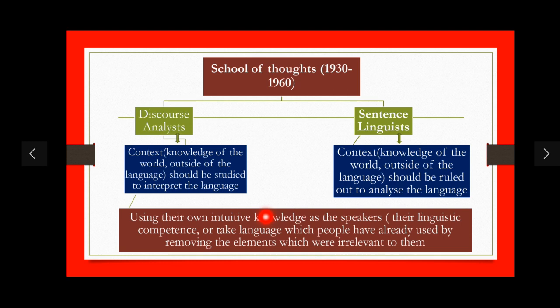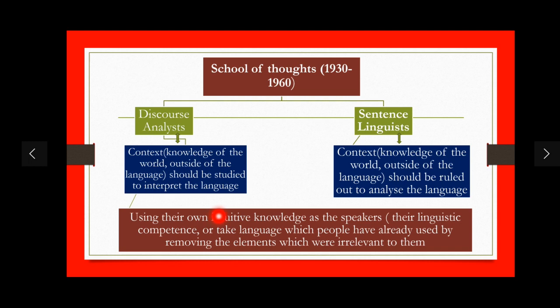While the second procedure they adopt was that they collect data. When people spoke, or they observe people, they collect data and then they analyze the language. While in this procedure, when they listen to people and collect data, they remove all the irrelevant material.